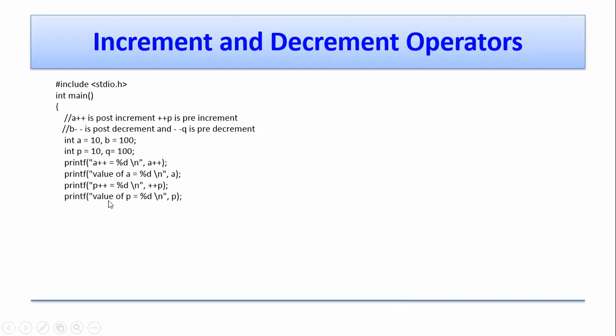Value of A and the value of P. What should be the answer? Can you tell me the output of these four lines? This one, and this one.